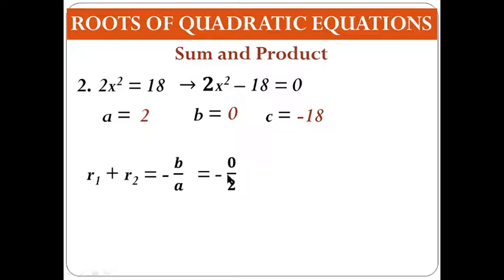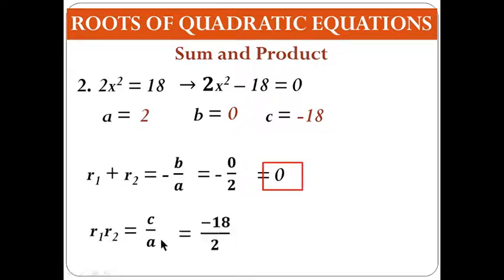So, negative 0 over 2 is 0. For the product, substitute the values of c and a. So, negative 18 ang ating c and yung ating a is positive 2. So, negative 18 divided by 2 is negative 9. Therefore, the product is negative 9.